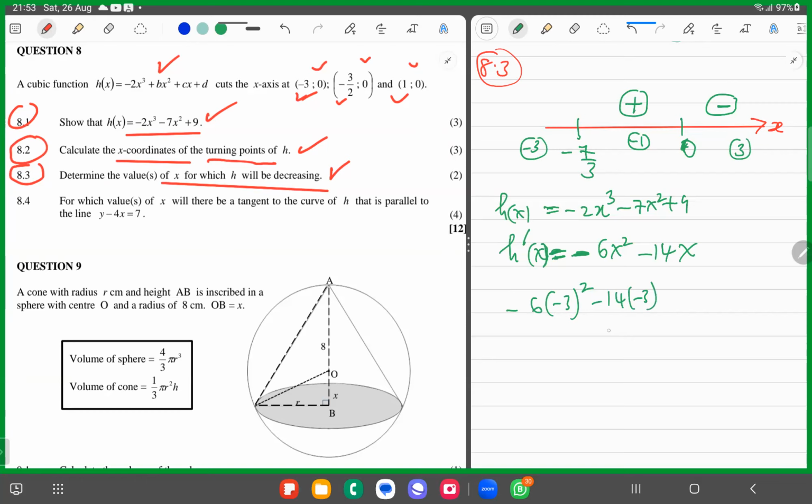And this is 30, which is 42. And then it's -6 into 9, so you have -54, plus 42.